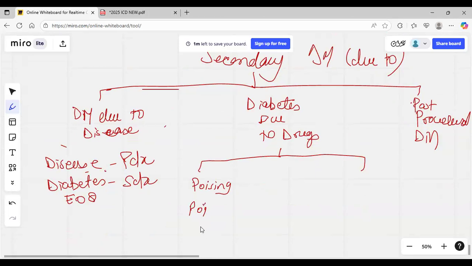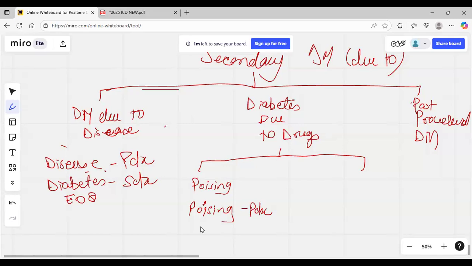As coders, we are not allowed to use poisoning at the second position ever. Whenever a patient has poisoning, not just for this chapter but even in other chapters, your poisoning code will be the primary diagnosis in all situations.